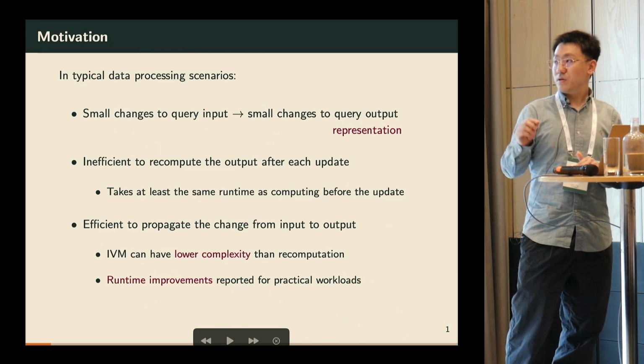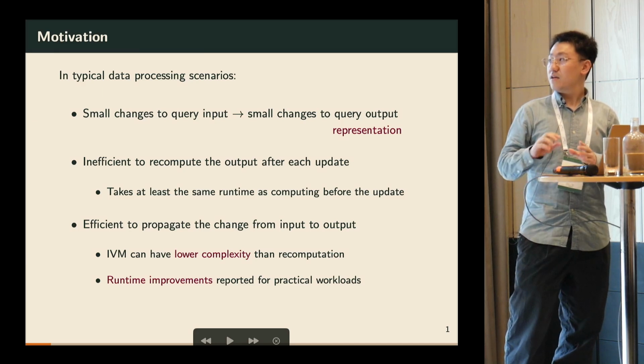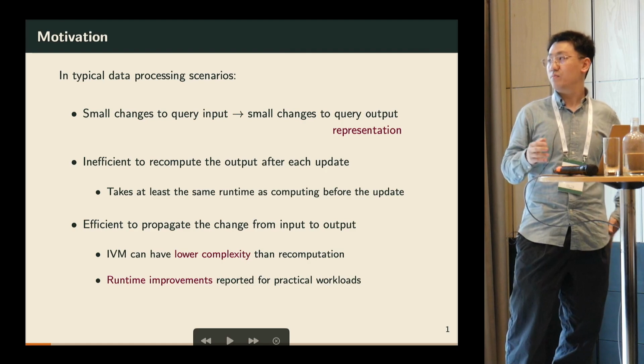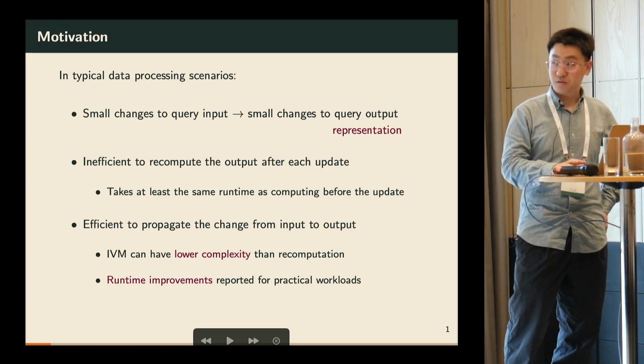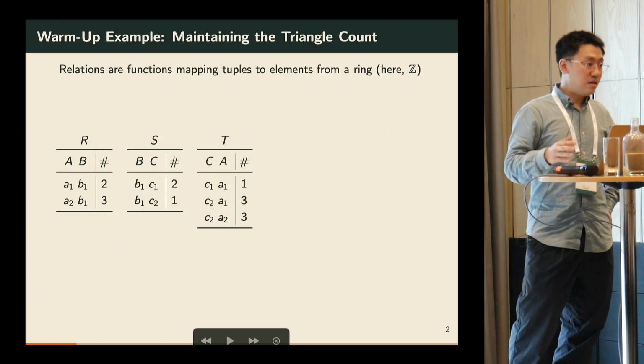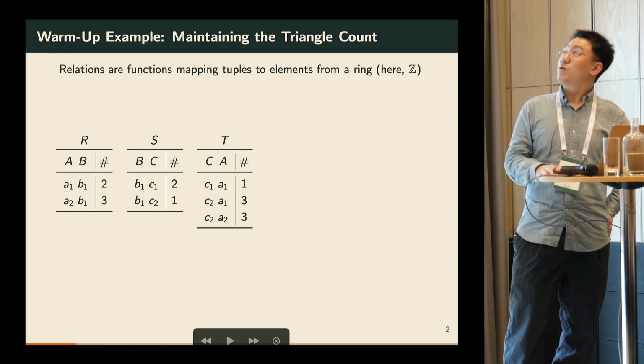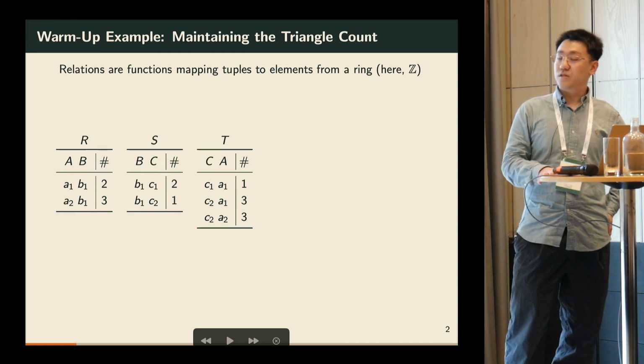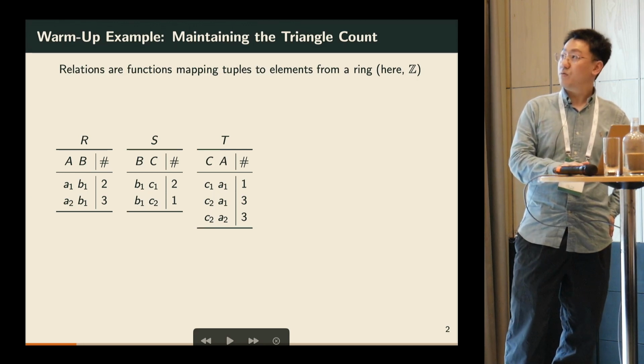And theoretical results show IVM can give lower complexity than recomputation, and there are also runtime improvements reported for practical workloads. So let's look at a warm-up example on the maintenance of a triangle count on this IVM problem.